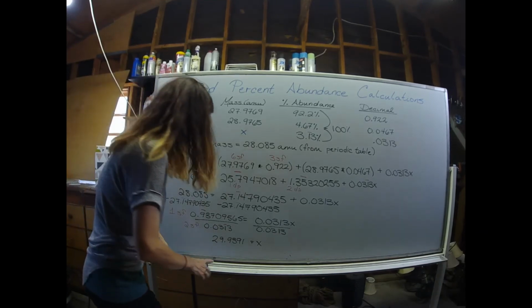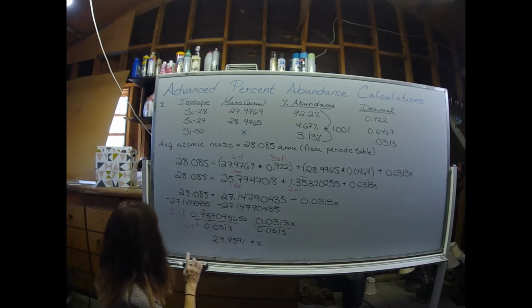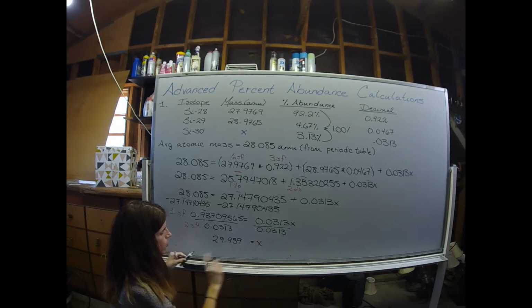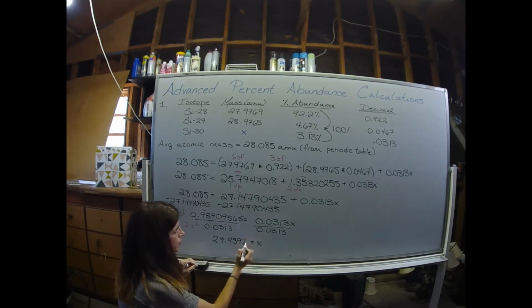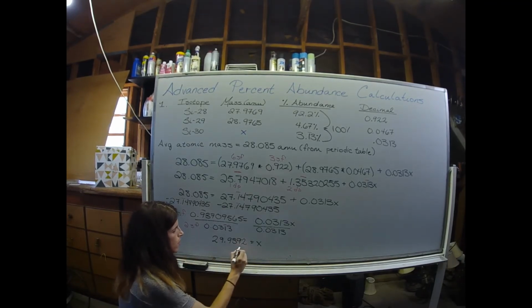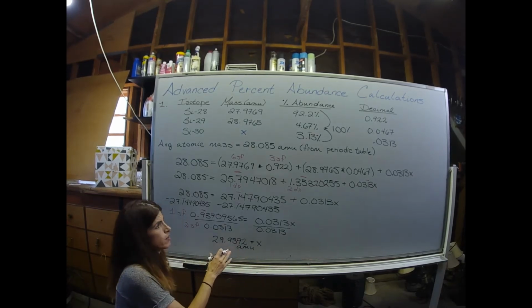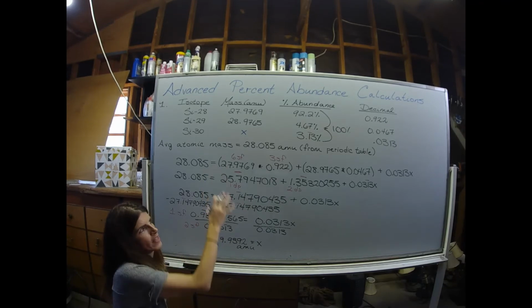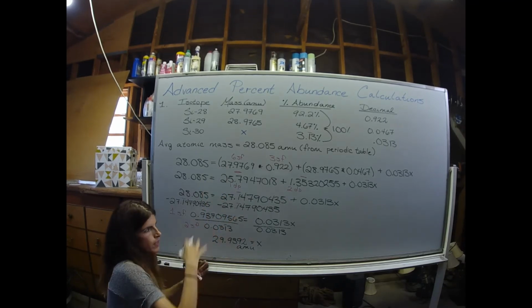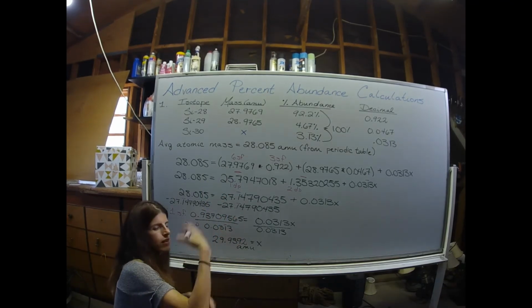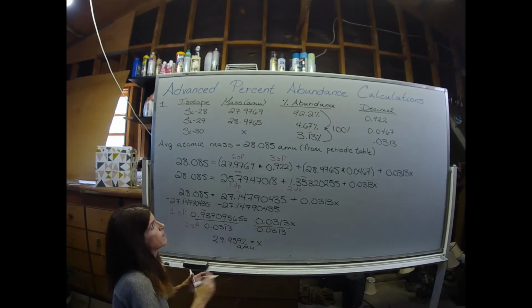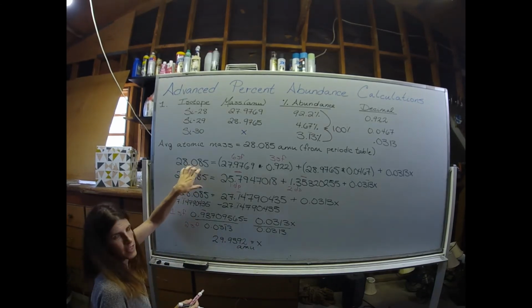So I got 29.939, and there was a higher number, so I would actually round this up. This should go up to a 2 AMU. I use this value, this mass, to go and check. I solve it for x, and then I plug this back in, and I make sure that I actually obtain this value.